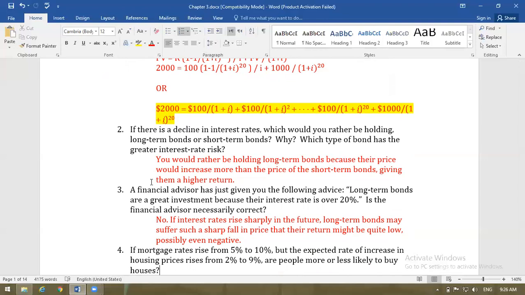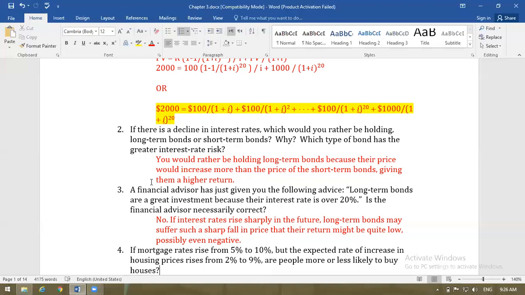We know that whenever the market interest rate is falling, the bond price will be increasing, which means there will be more capital gain as compared to short-term bonds. So you would rather be holding long-term bonds because their price would increase more than the price of short-term bonds, giving them a higher return.